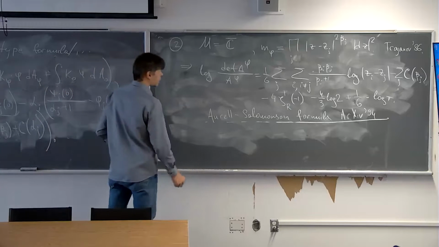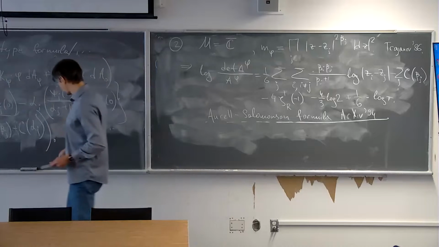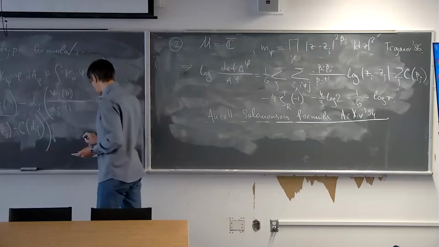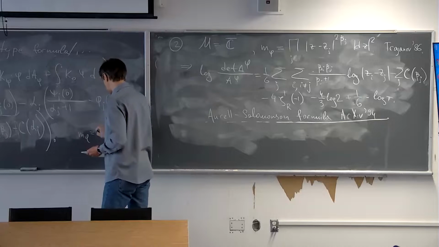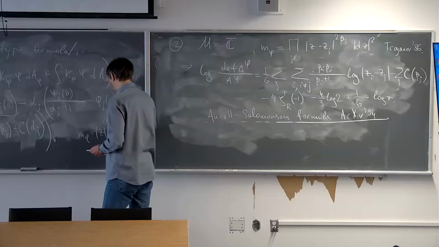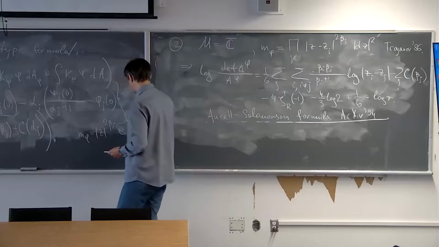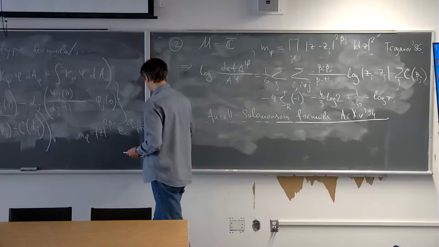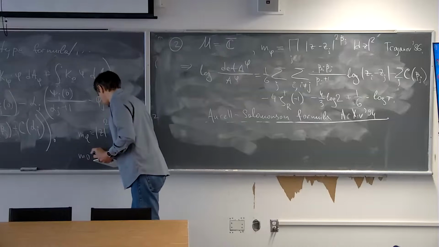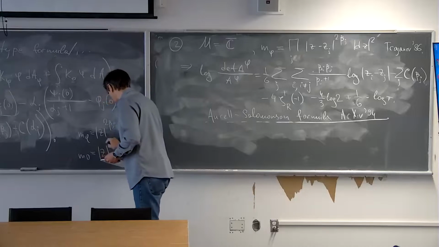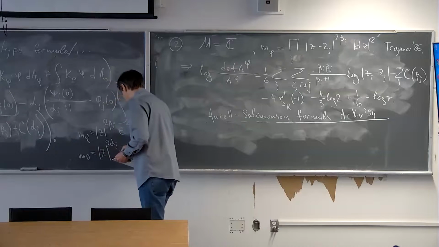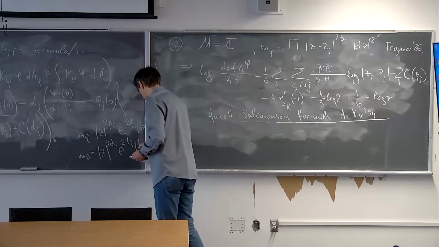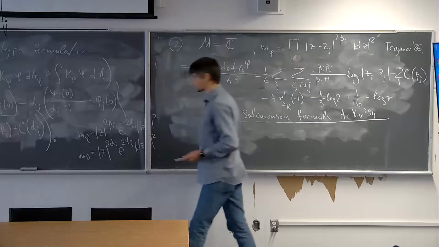Okay, so now those are two metrics with conical singularities, and they are both locally written like this, as before. It's this one, z squared, and m0. Now it also has this factor, the singular one, z squared.